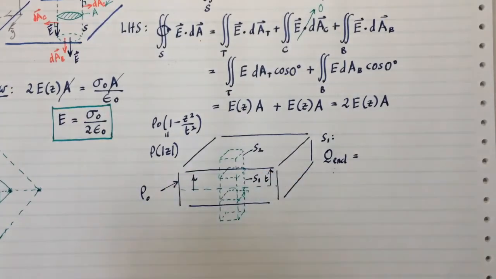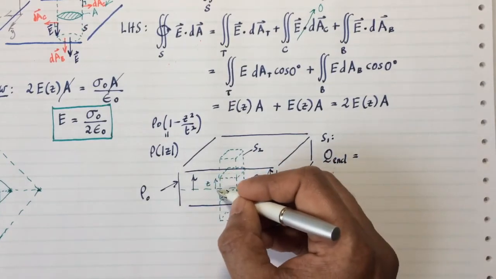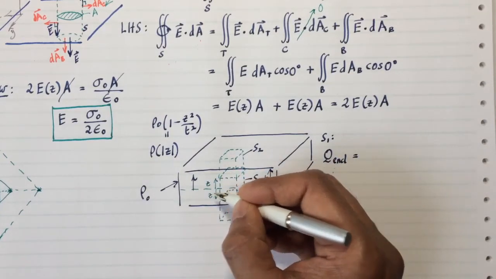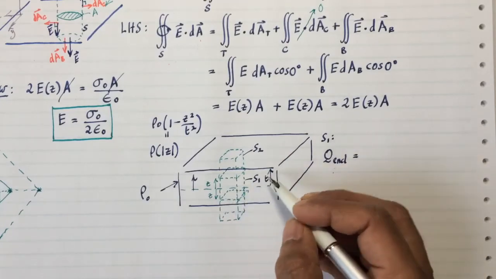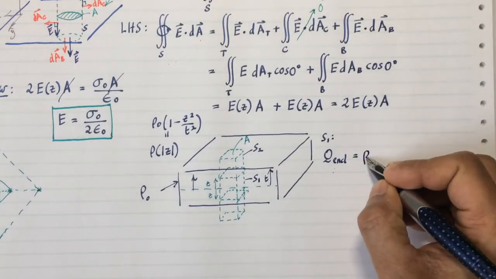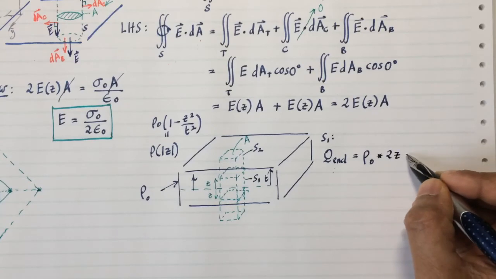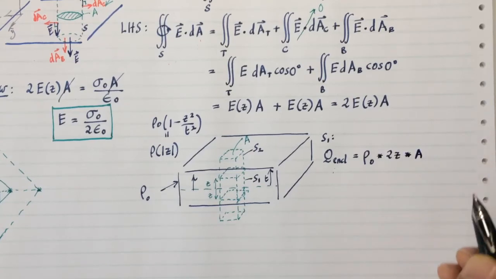So the generic Gaussian surface has got height z above and height z below. So the height is 2z. Let's call the area of cross section A. So that's going to be rho naught times the volume, which is the height 2z times the area A.